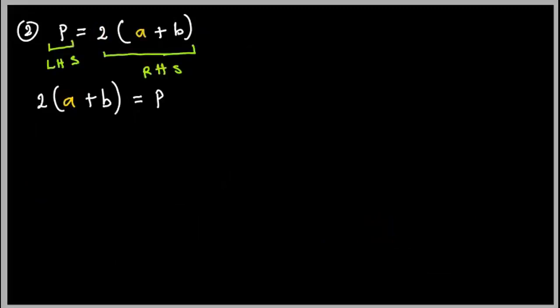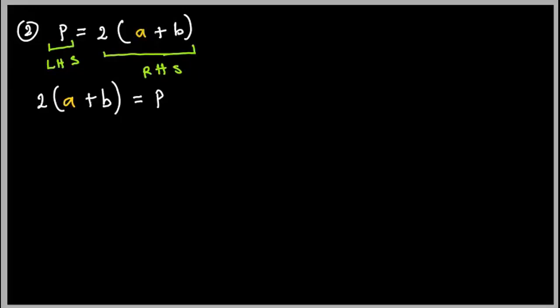So we have p equals to 2 in brackets a plus b. Now in this case, as you can see, our a is on the right hand side. It's not on both sides, so it's just on one side, that is the right. So you can easily rearrange here by putting all the right to the left and all left to the right.